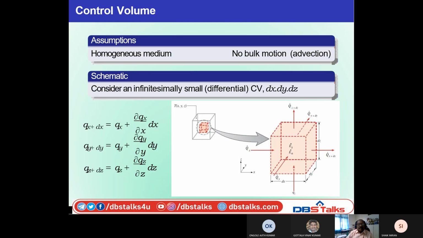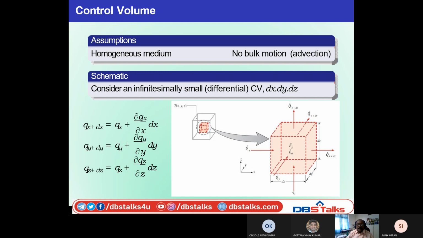Now we have to find this diffusion equation, or heat transfer equation, for multidimensional heat transfer. If it is single-dimensional heat transfer, that is q equal to minus k into dou T by dou x.